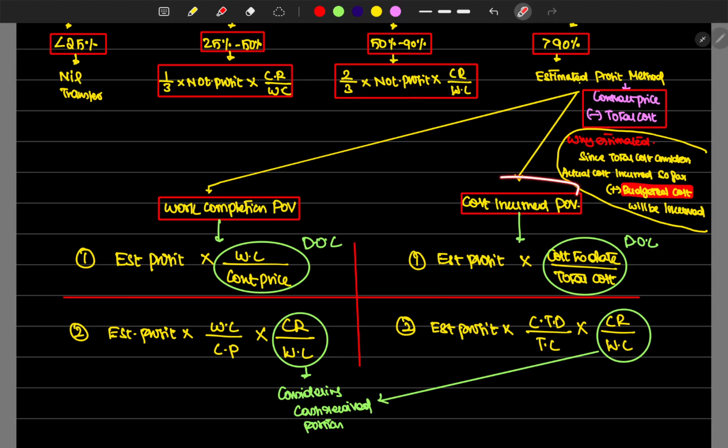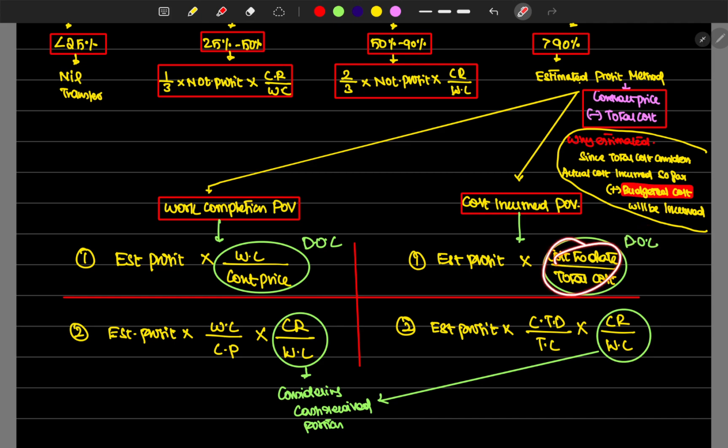Okay, so that is the work completion perspective. This is the cost incurred perspective. Cost incurred perspective means so far we have taken this much cost as our cost spent on the contract. This is the planned cost, and this is the actual cost. So we get the degree of completion, right?